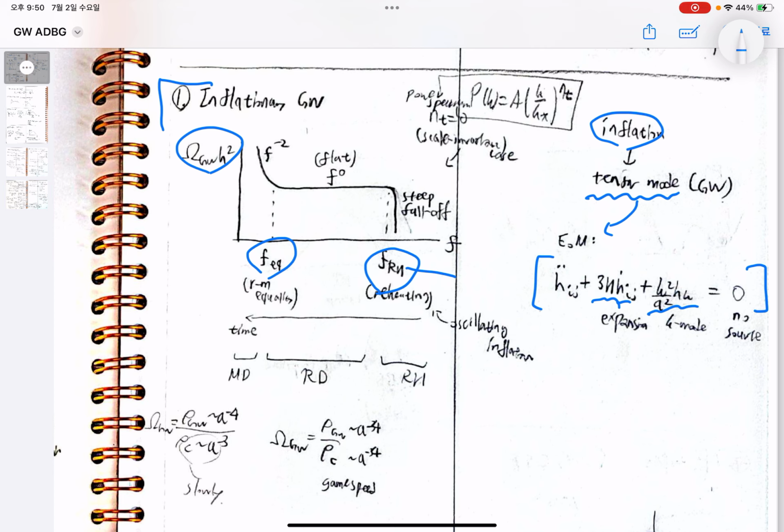And between the reheating and the matter-radiation equality, the curve shows flat behavior. And after that, in the matter dominance era, the gravitational wave shows f to the minus 2 proportionality. Because the gravitational wave energy density follows a to the minus 4, but the critical energy density changes from radiation dominant to matter dominant.